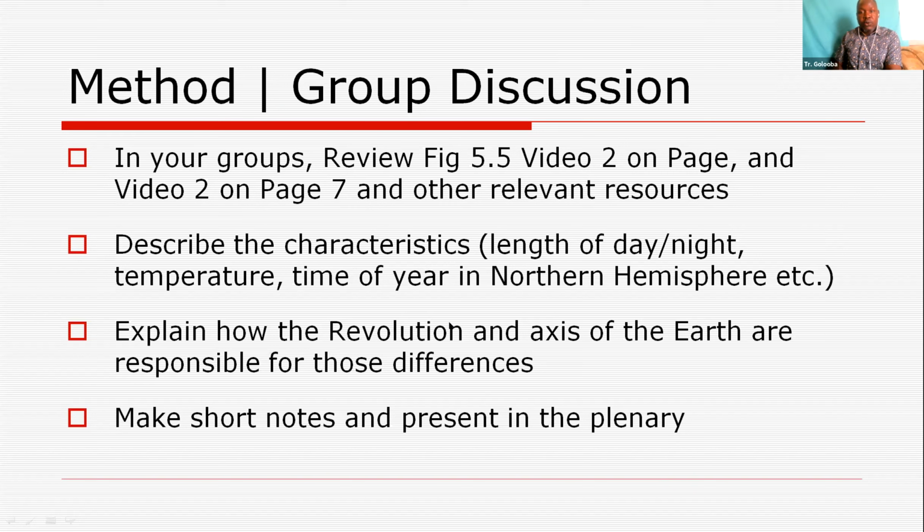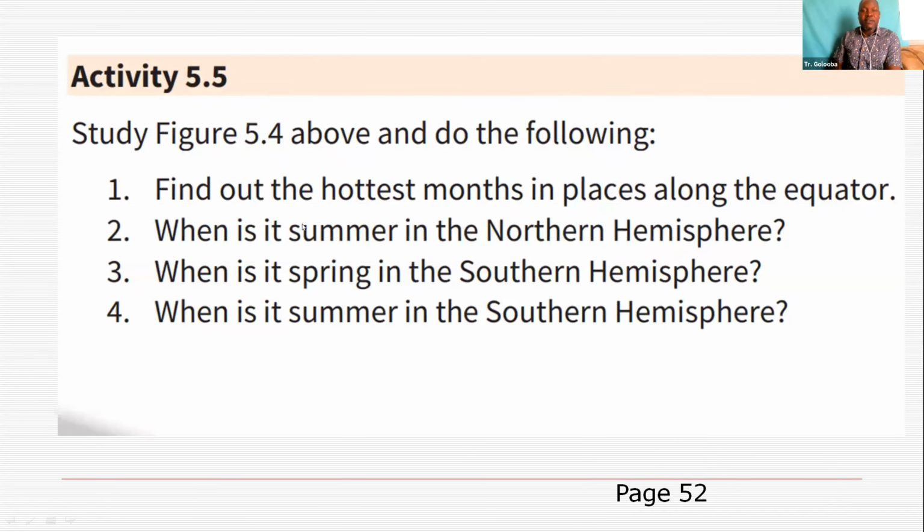You also need to look at activity 5.7 in your learner book, find out the hottest places on the equator. When is it summer in the northern, spring in the south, etc., etc. I hope we are all very clear.